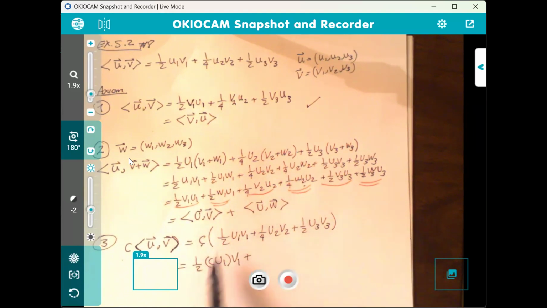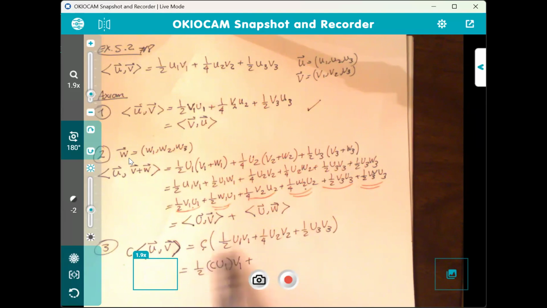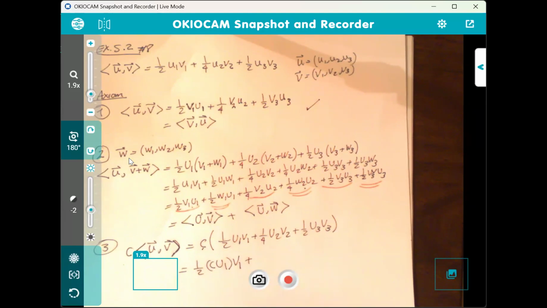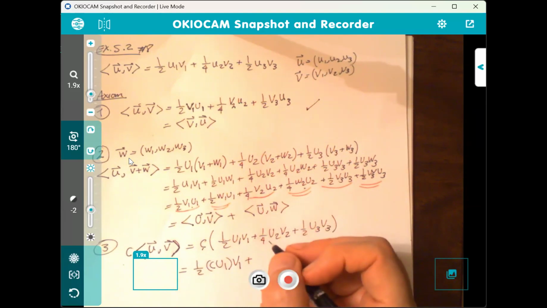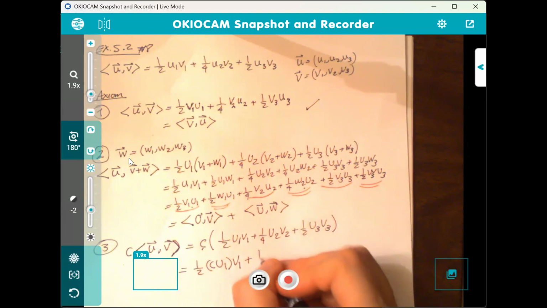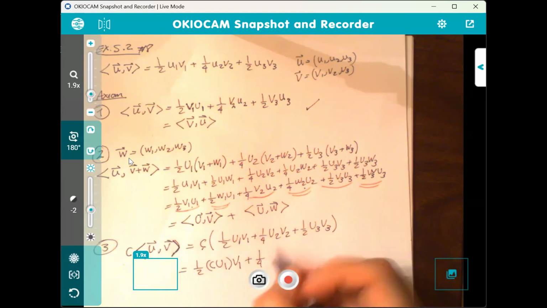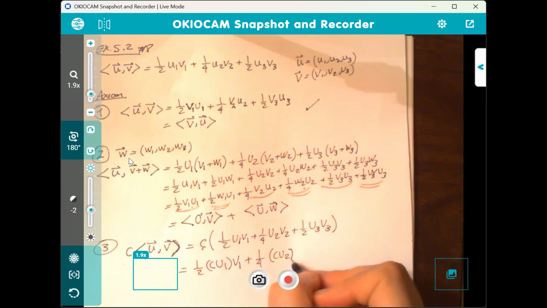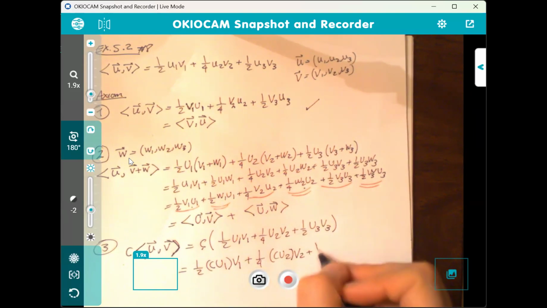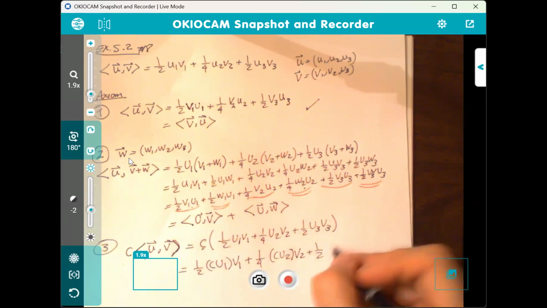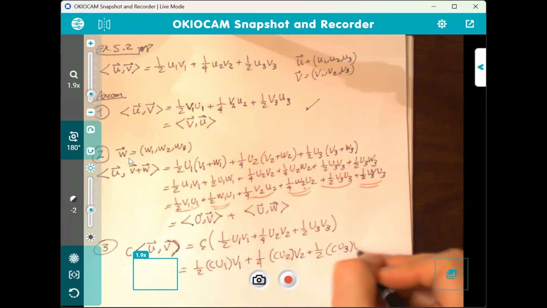We're doing the associative property, changing the order of multiplication here. And the one next to that, what is this going to look like? It's going to be plus 1/4 multiply c times u2, and then times v2, and then the half multiply c times u3, and then times v3.